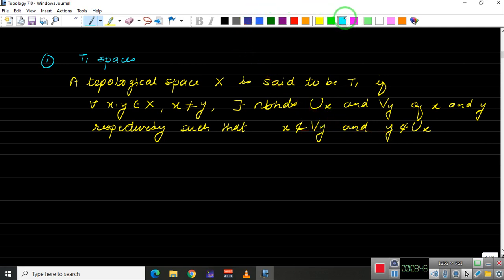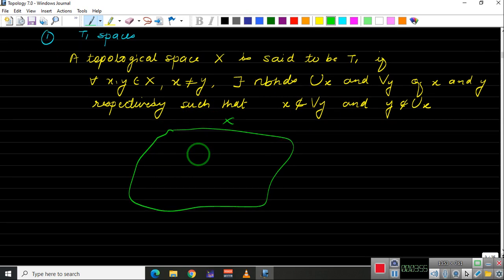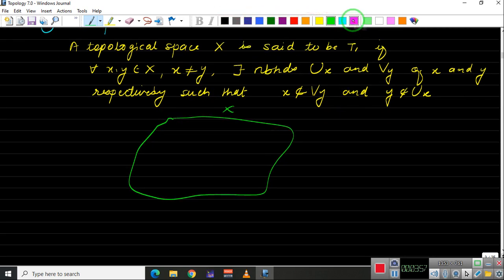Let me just draw a diagram for you. Suppose we have this space X. Now in this X, if we take any two elements, say x and y, what it says is, for any x and y which are distinct, there should exist neighborhoods of x and y such that y will not be an element of the neighborhood of x and x will not be an element of the neighborhood of y.